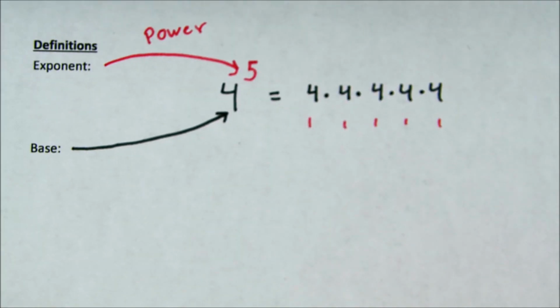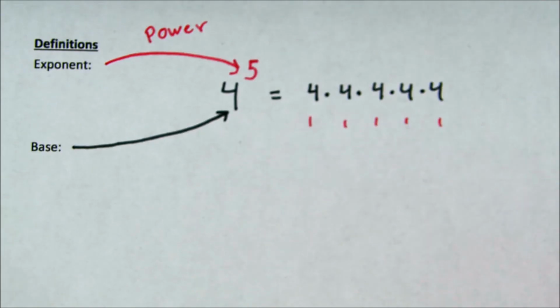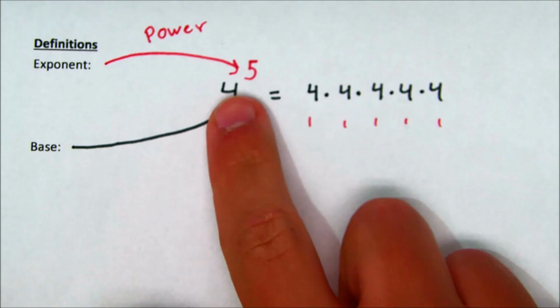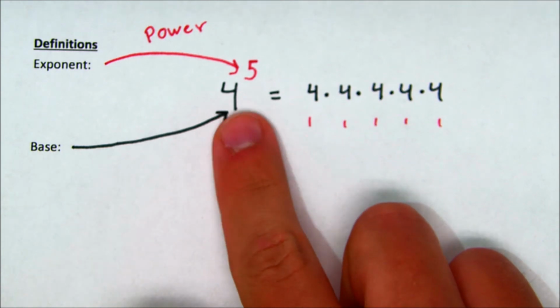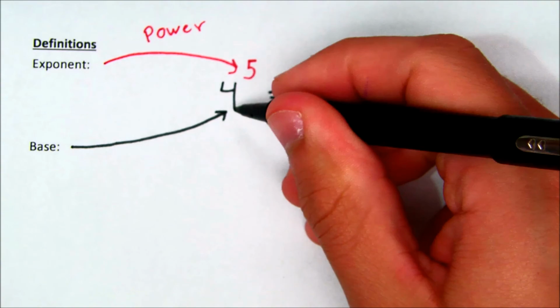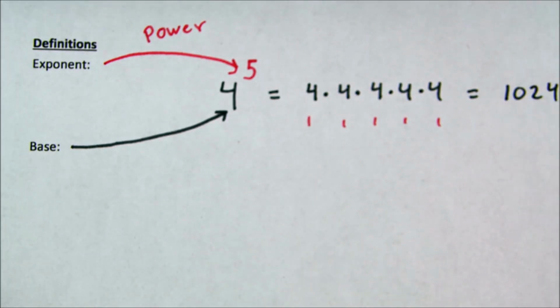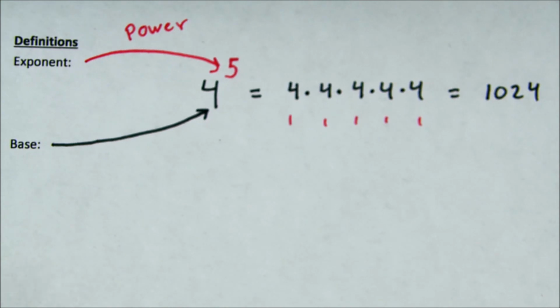And then I multiply all of those together. That's how exponents work. We take the base and times itself that many times. So in the case of 4 to the 5th, I would have 1024. Now those are the beginning definitions for our Algebra 1.